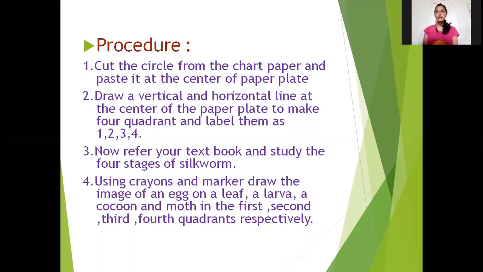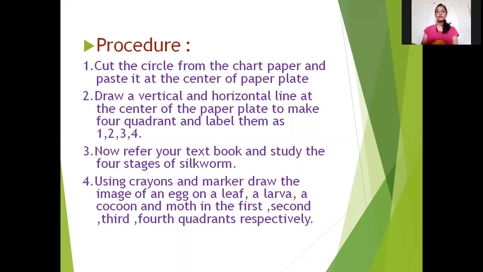Draw a vertical and horizontal line at the center of paper plate to make four quadrants and name them as 1, 2, 3, 4. Now refer your textbook and study four stages of silkworm. Now using crayon and marker, draw the image of egg on a leaf, a larva, a cocoon, and moth in the first, second, third, fourth quadrant respectively. I hope you can understand the procedure.